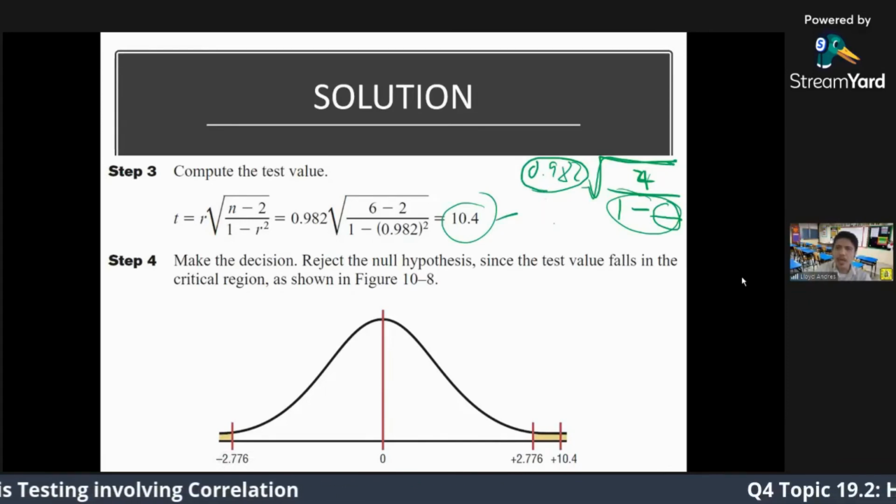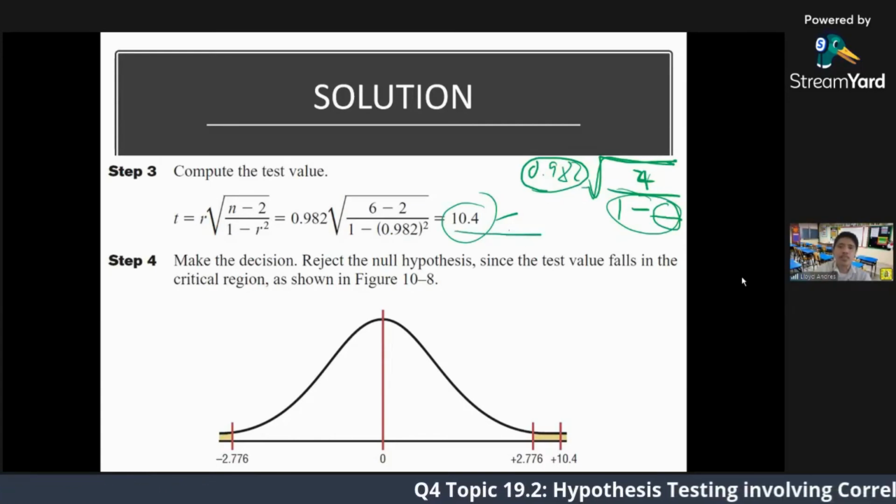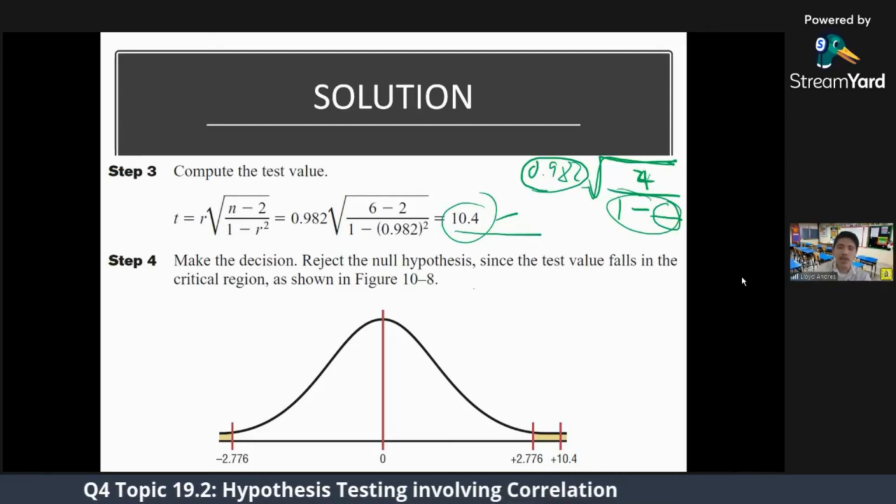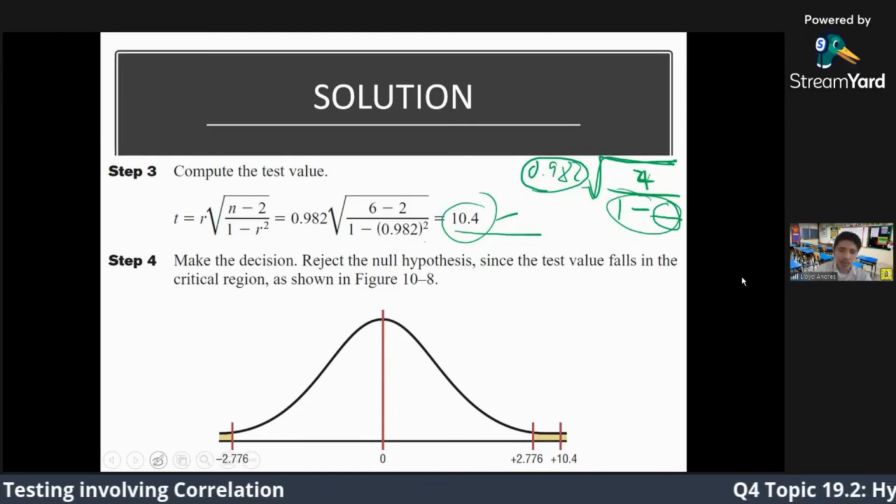And again, we use 3 decimal places here. So, after computing the test value, we will now make a decision.